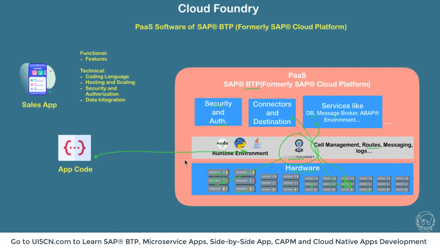In return, you will get a URL, which you can share with the user to consume the application. So we will see more when we go into hands-on about Cloud Foundry. Now, I hope that you got a good understanding of what Cloud Foundry actually is and what goes on inside when you create an application in it. So with this in mind, let's go into the next environment, which is the Kyma environment, and get an overview of its architecture as well.